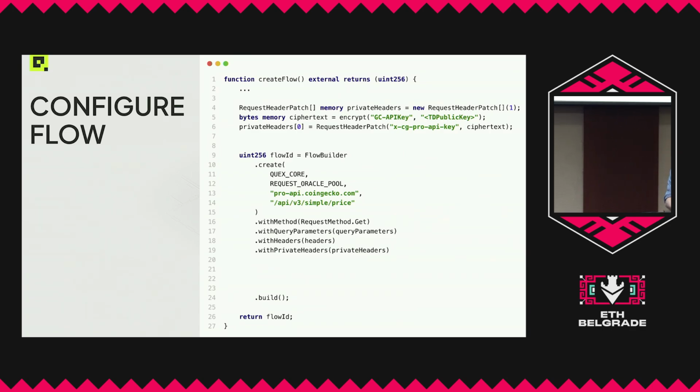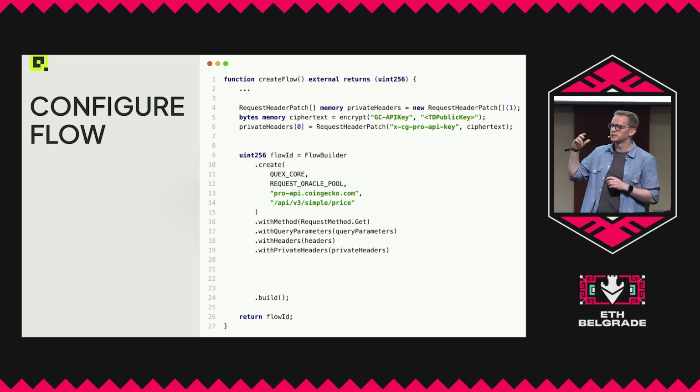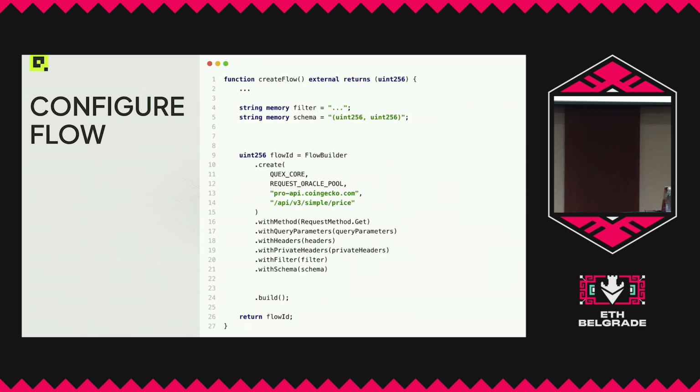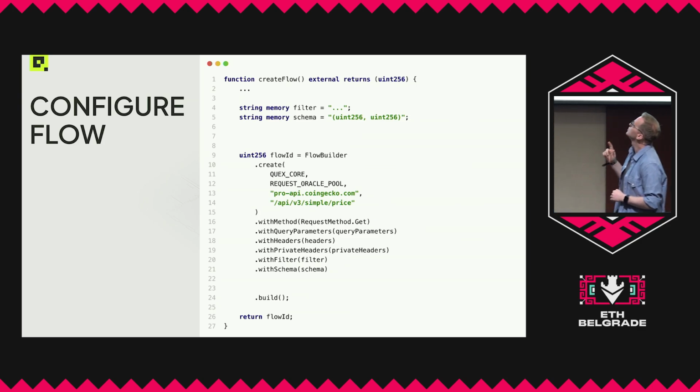So at this point, we finished transforming all our request to this code. We defined the path, we defined the endpoint, we defined the get method, query parameters, and headers. Then we need to specify a filter. The filter was shown before. And we need to provide a schema.